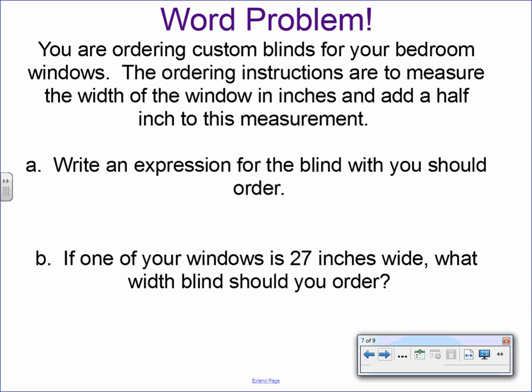Now, first of all, in your notes, I do not expect you to write every single word of this word problem down. That would take forever, and I wouldn't want to do it, so I'm sure you don't want to do it either. What I do want you to write down is the important information on here. So, really quick, mentally, I'm going to give you like 1 minute.